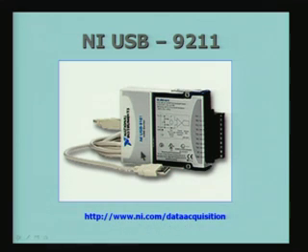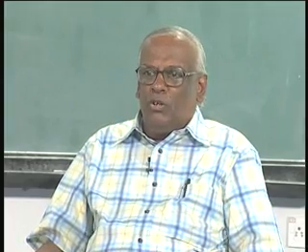Data acquisition is one of the most important parts, and National Instruments supplies a large number of data acquisition hardware accompanied with software, and this is one of them. It is a National Instruments USB device. USB means it is connected to the computer's USB port. USB is nothing but universal serial bus.